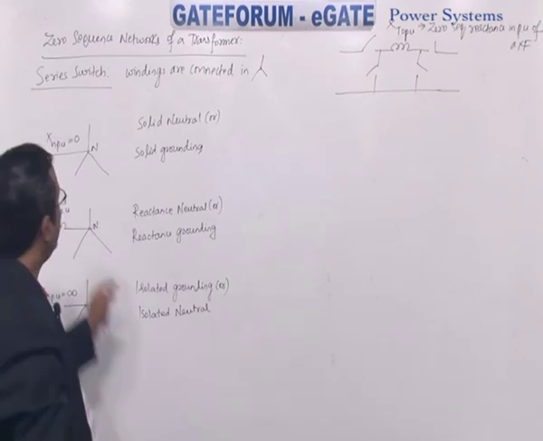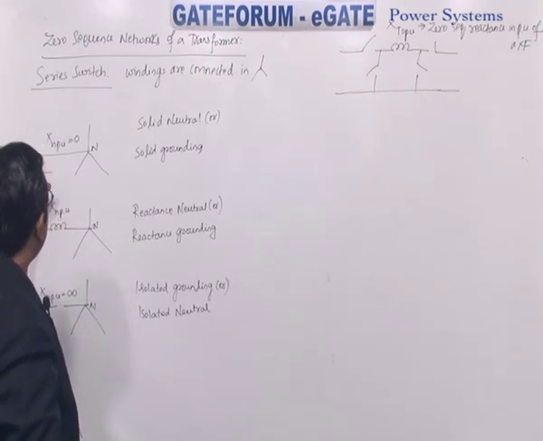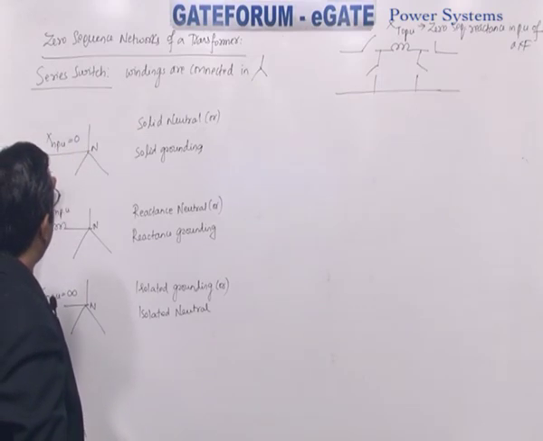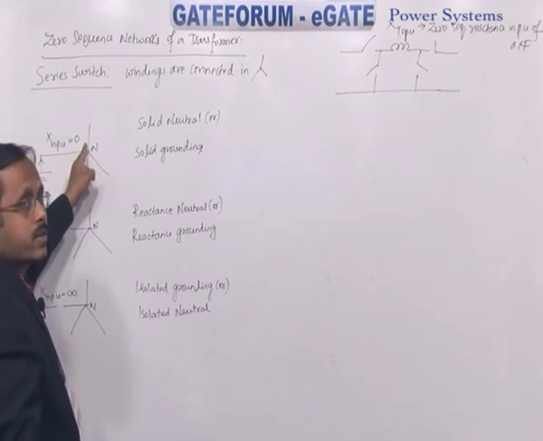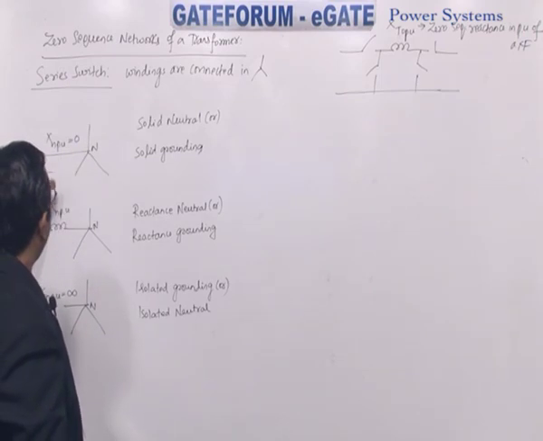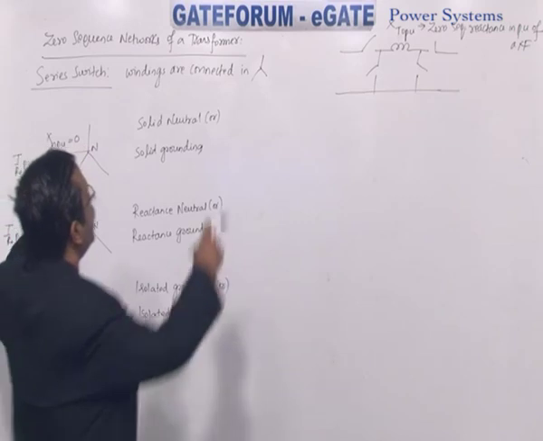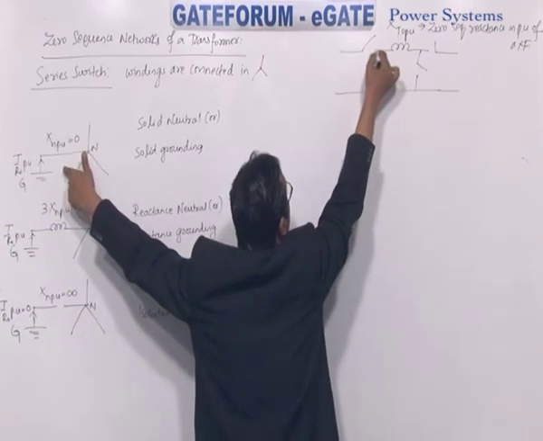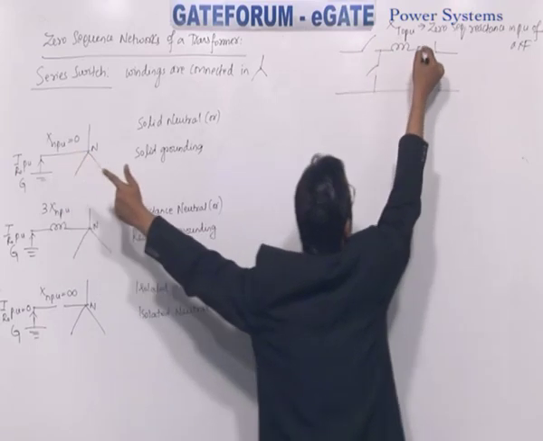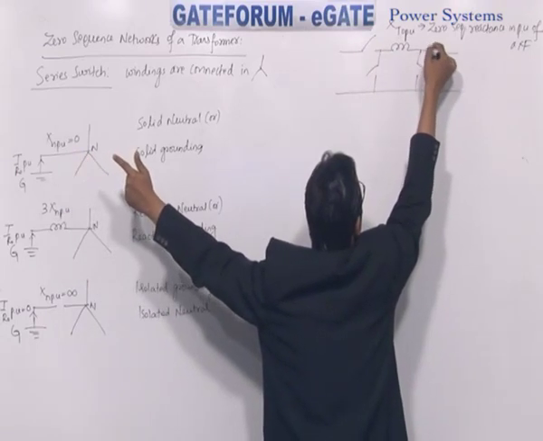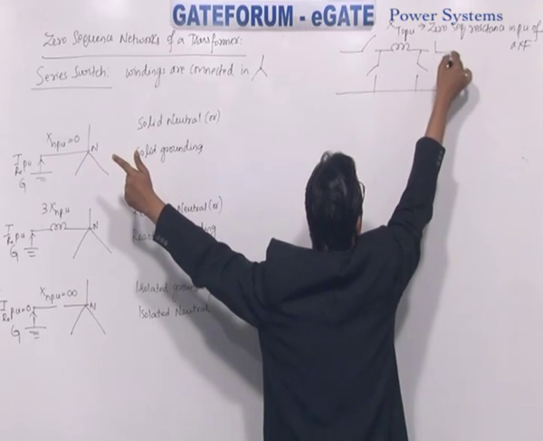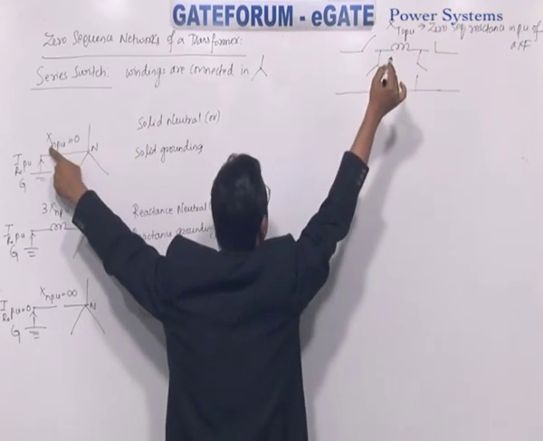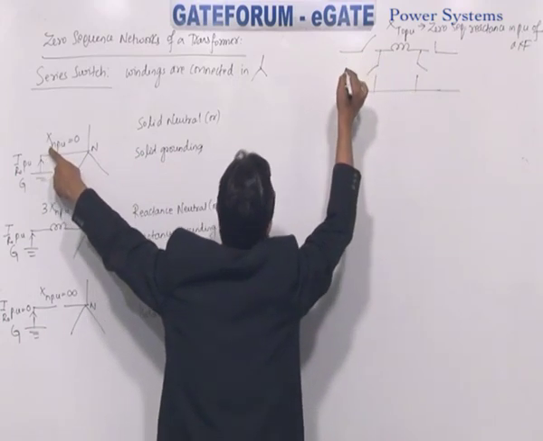Now check here, there is a path for zero sequence current flow from ground to neutral. Here also, current can flow only when you close the series switch. With how much reactance? With Xn per unit equal to 0.